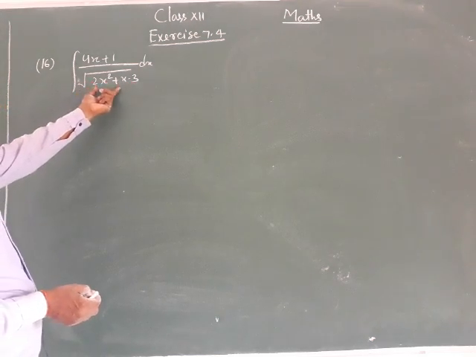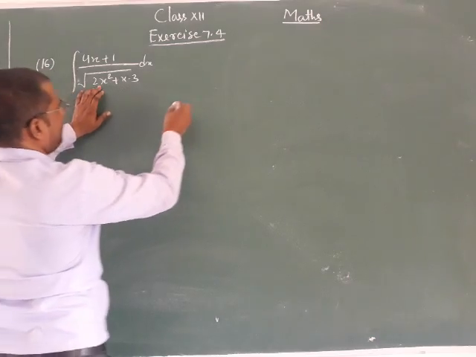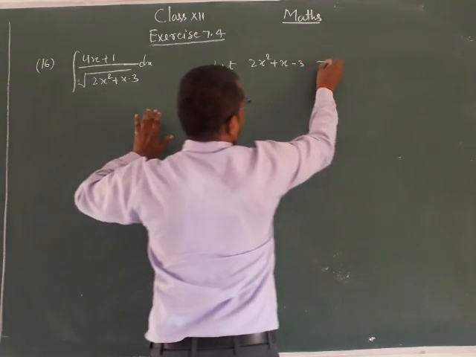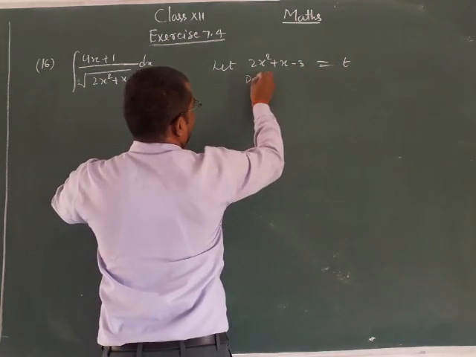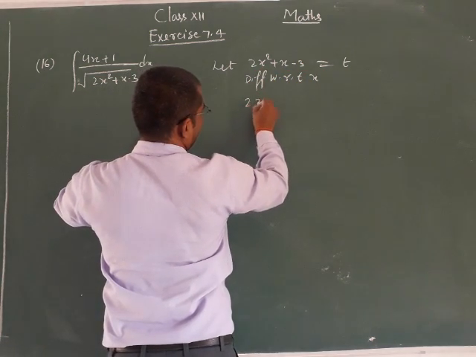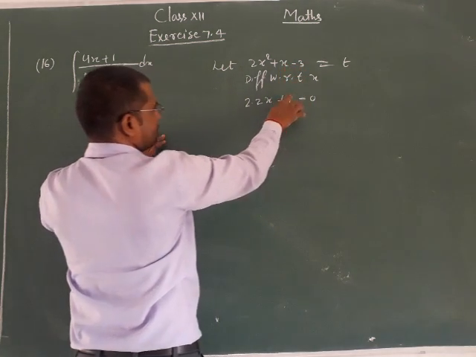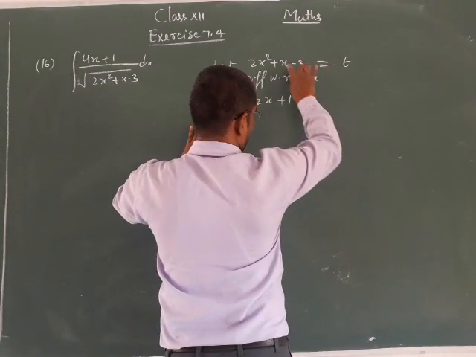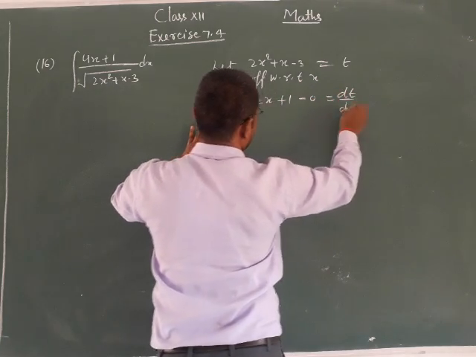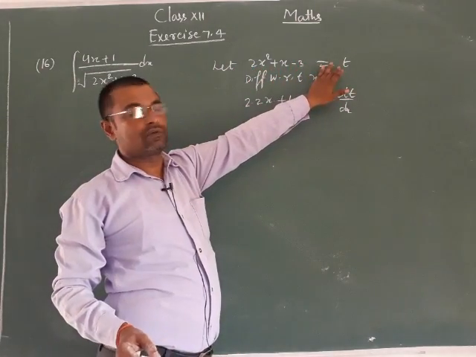Now let 2x square plus x minus 3 is equal to t.